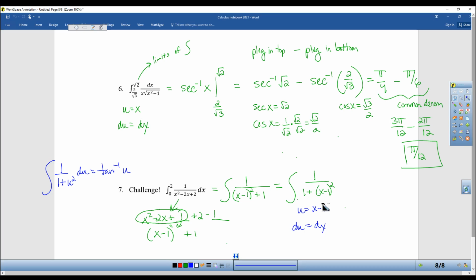Whenever that happens, you actually don't need to bother with u. You can jump straight to the answer. So 1 over 1 plus this u squared is inverse tangent of x minus 1. You can jump straight to that because the du is equal to the dx.